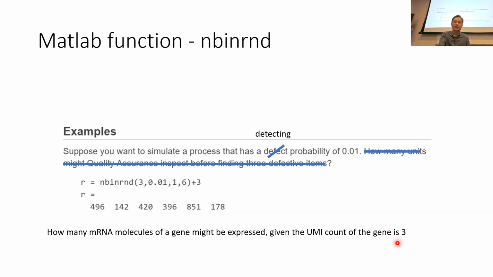In this case, because I use 0.01, the probability may be extremely low and not realistic, but I just assume a very low detection rate for that particular gene. If I see 3 UMIs for that gene in the cell, what's the real expression level of that gene in that cell? I can compute that on average, you should have this.